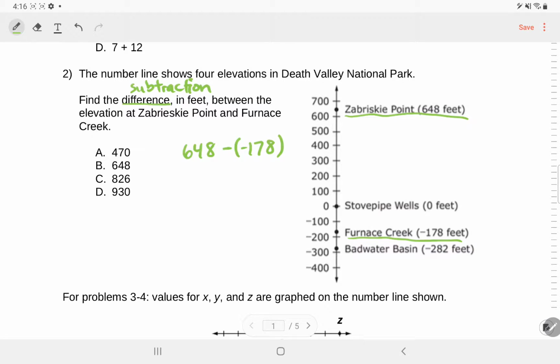Remember, using the add the opposite method, we can rewrite this problem as 648 plus the opposite of -178, which is +178. Rewriting this problem, we have 648 plus 178, and that's going to give us a total of 826. So our answer is C.